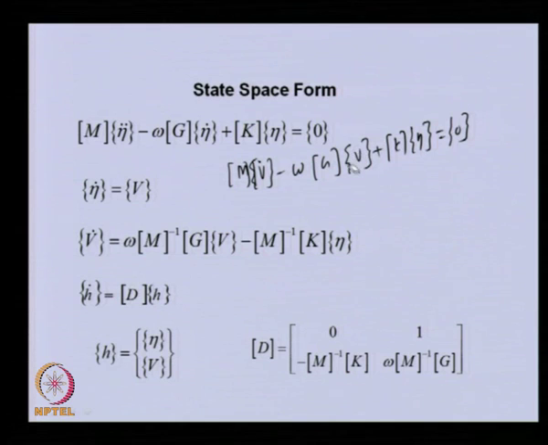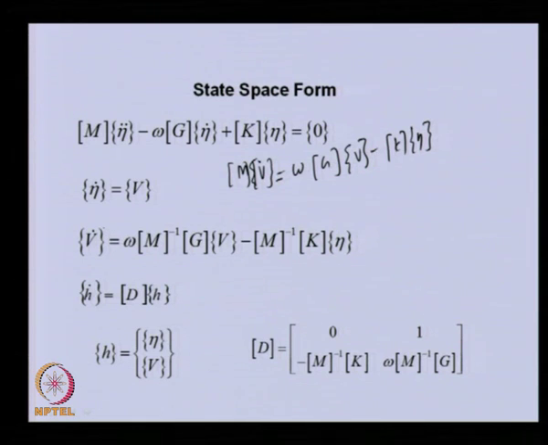Now, I can express this in terms of v dot. So, that means I need to put all these on the right hand side. So, this will become negative, and this will not be there, and then I need to take the inverse of M throughout.